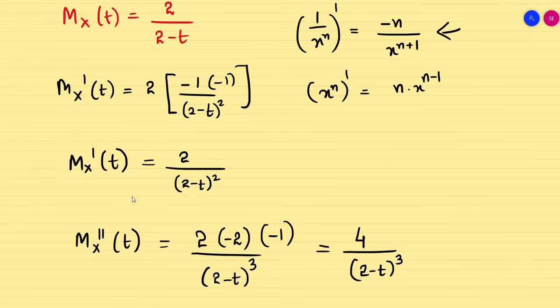Is it clear, guys? So now what I'm going to do, I'm going to find the mean and variance, and then finally we are going to find the first 4 moments.